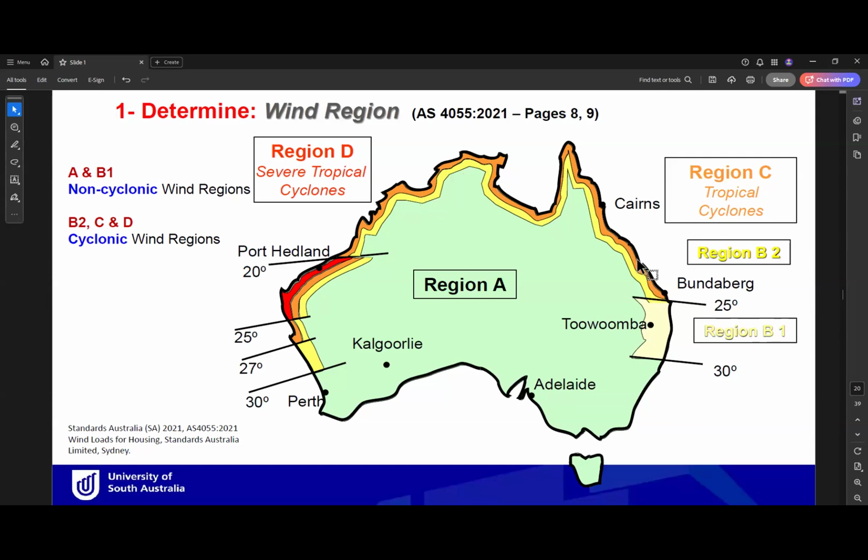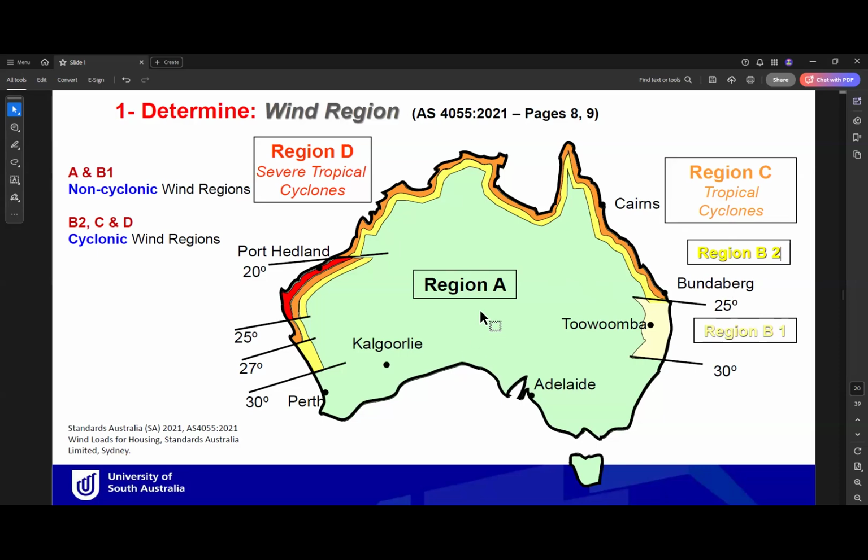And the area near the coast from the north is region C. Finally, this area to the west at Port Hedland in Western Australia is region D. So we have region A, B1, B2, C and D, 5 regions.